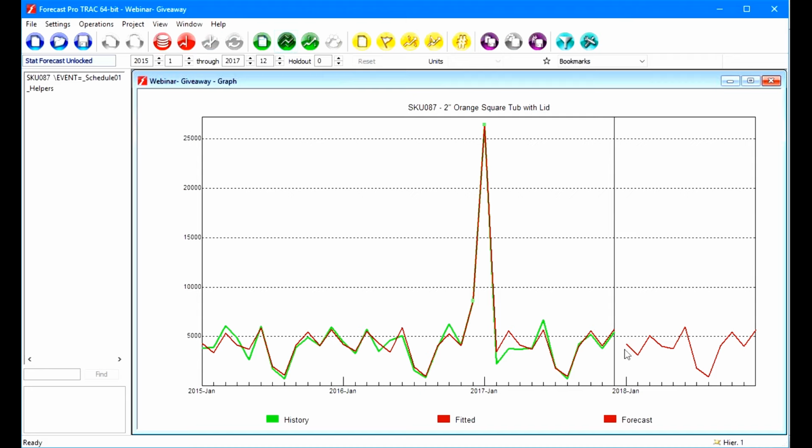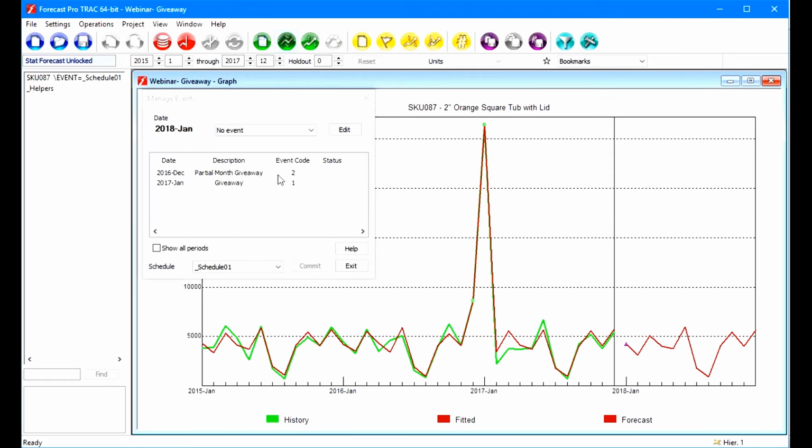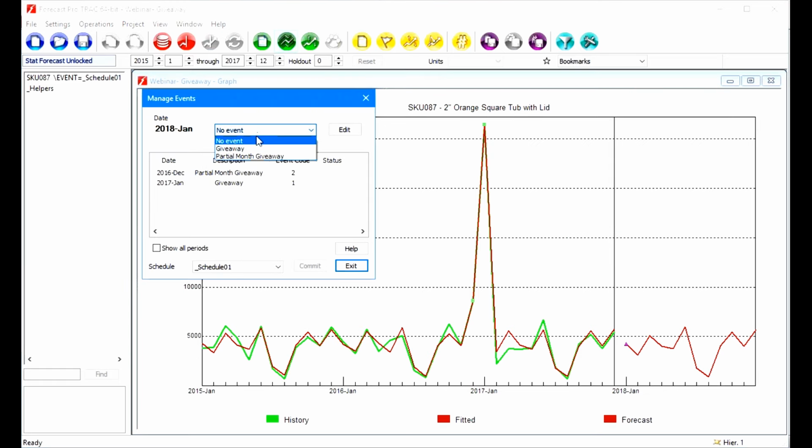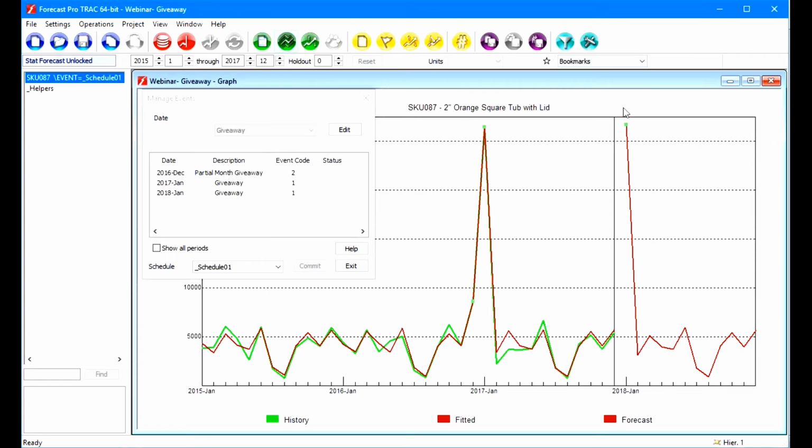So we were assuming that there would not be another giveaway. And when we looked at the automatic method, this is more the level that we would expect for that no giveaway this month scenario. If in fact we discovered there is going to be an event, I'm going to go to manage events here, we could actually assign that event, and then we would now see this spike at that level for that other scenario, the giveaway scenario, happening again.